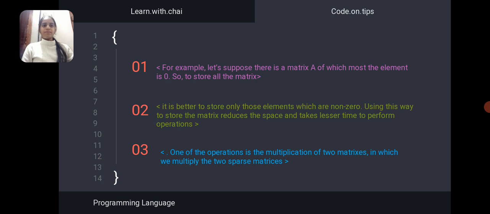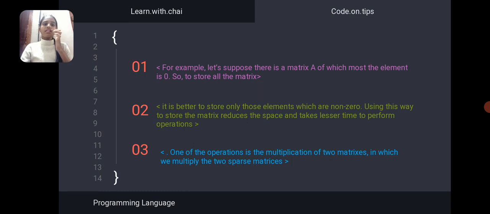For example, let's suppose there is a matrix A of which most of the elements are 0. To store the matrix, it is better to store only those elements which are non-zero. If the matrix is a 2 cross 2 matrix and 3 of the elements are 0, we are going to store only the single element that is non-zero.